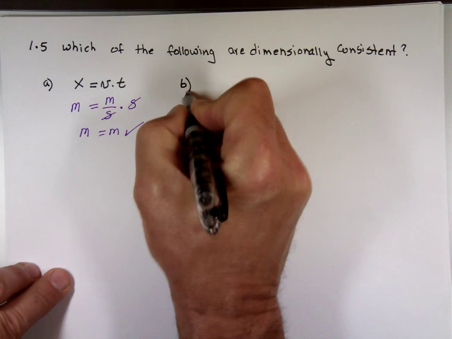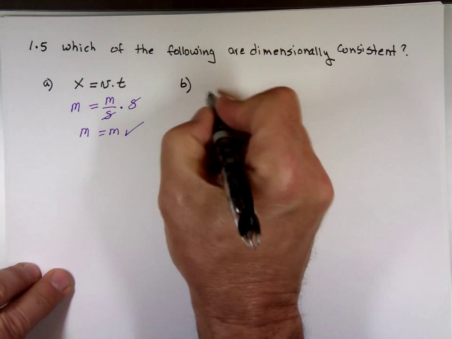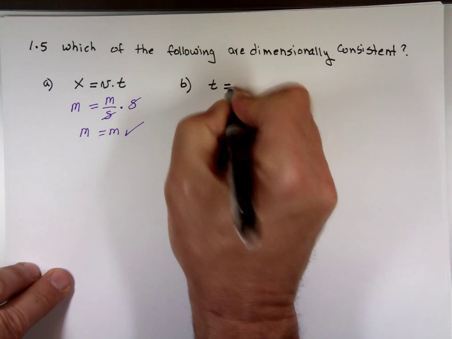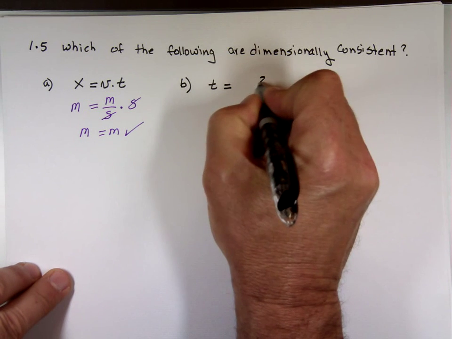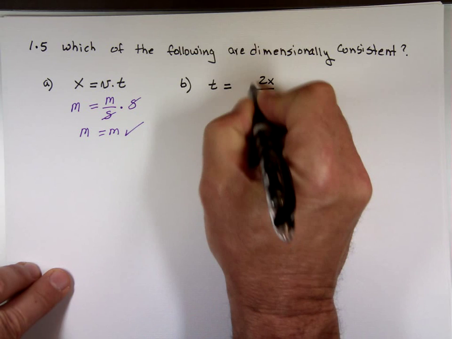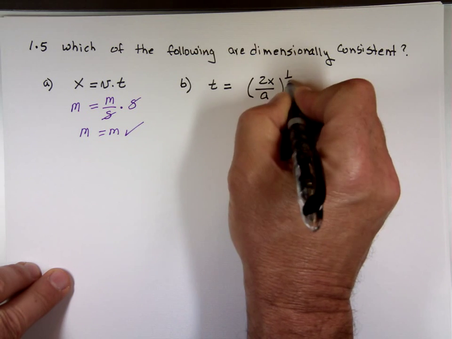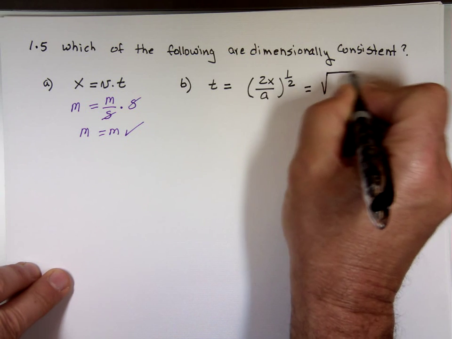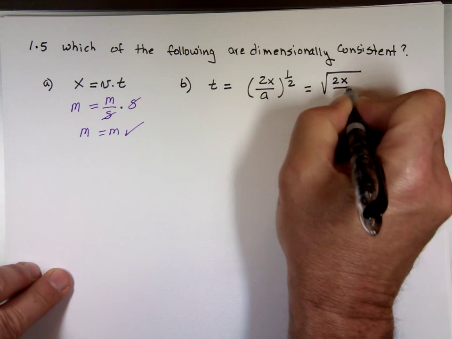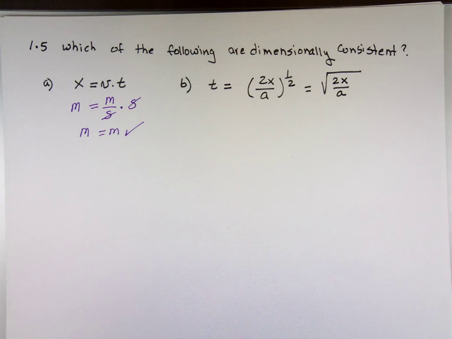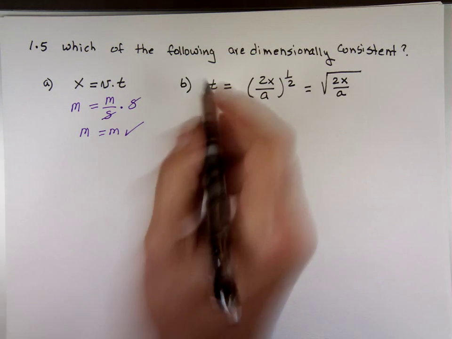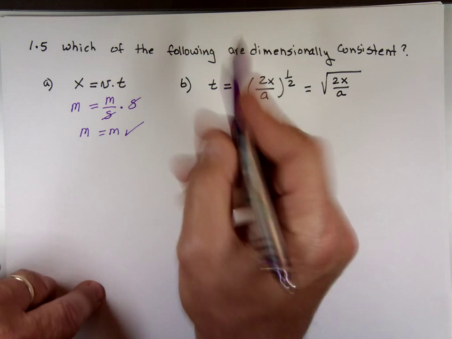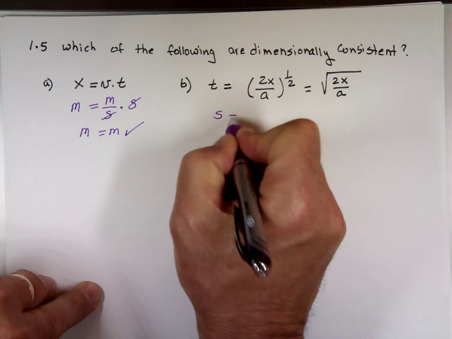The second one says t equals 2x over a, to the power of 1/2. Again, the power of 1/2 means the square root. Let's look at the units. For time, the units is in seconds. Let's see if we match that one.